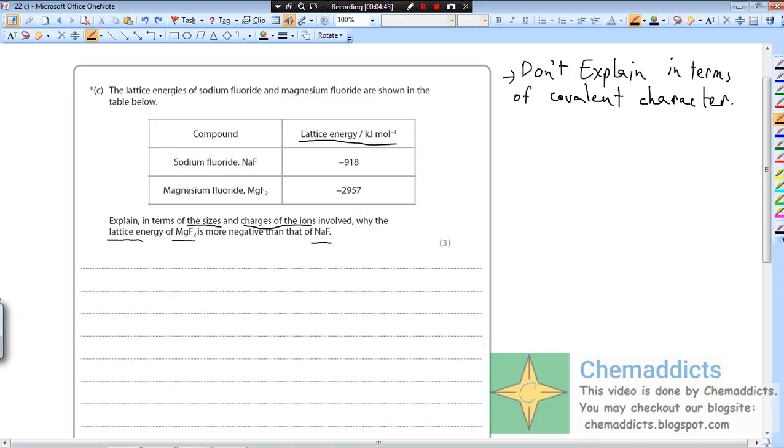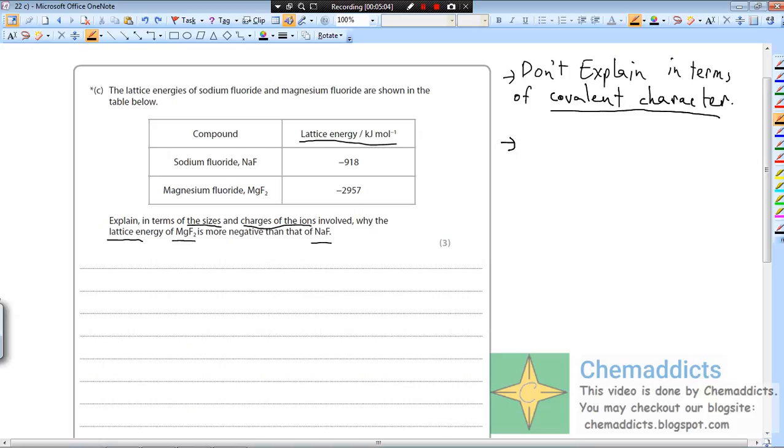Since there is no experimental data and calculated data, we don't bother about explaining it in terms of covalent character. It is straightforward, okay.